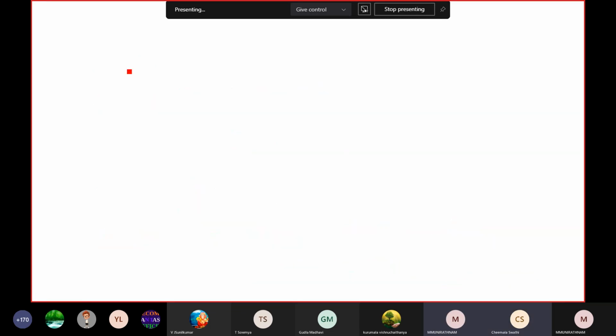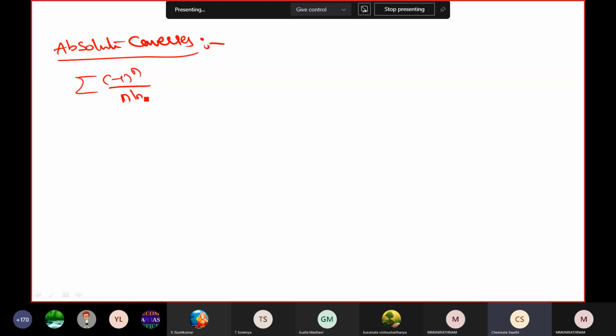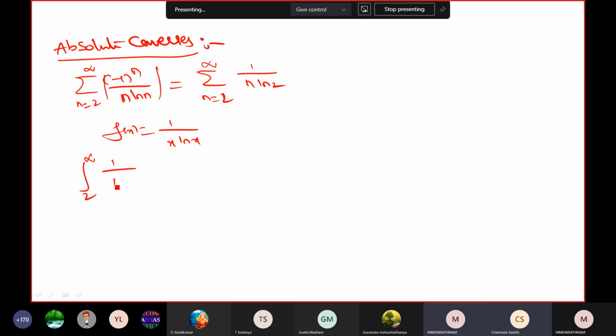Now we go for absolute convergence. Your friend already told that using the integral test is fine, very good. These kinds of problems you go by integral test. f of x equal to 1 by x ln x, integral 2 to infinity 1 by x ln x dx.